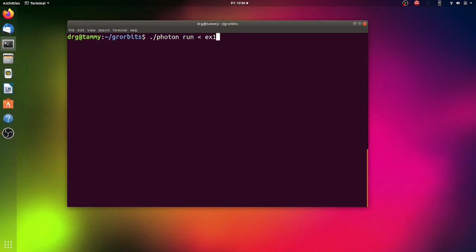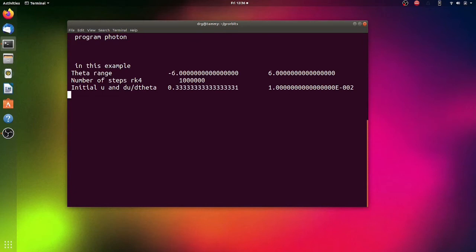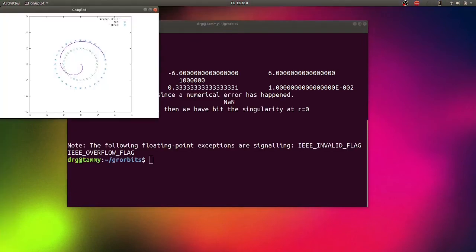I'll run example number 2. In this one, I made du d theta slightly positive. Because of the relation between u and r, that means that dr d theta was slightly negative.